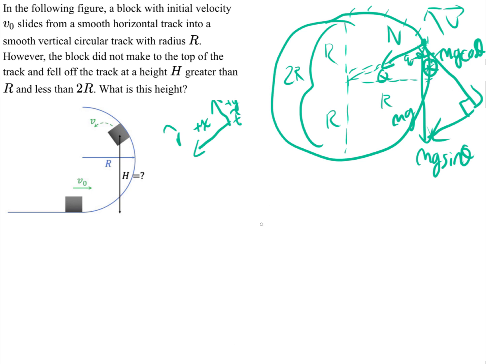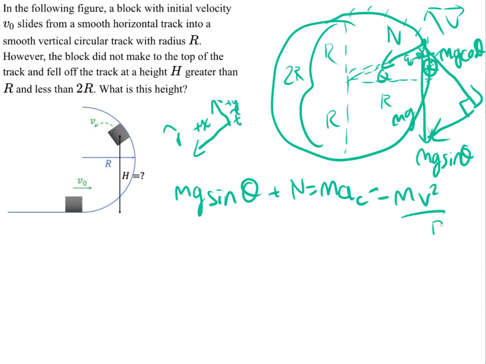And now we can apply Newton's laws to help us solve this. So we know that mg sine theta plus the normal force must be equal to the mass times the centripetal or radial acceleration, which is equal to v squared over r.